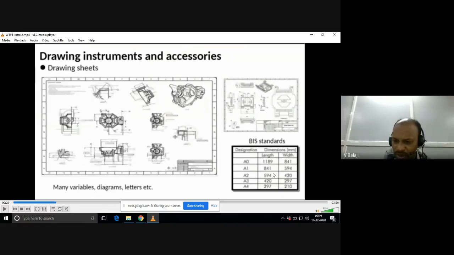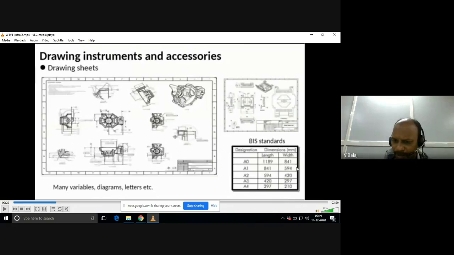This relation goes on. Okay. In general, we stop at A naught. A naught is the biggest size of any drawing sheet. In industry, you may find bigger than A naught size drawing sheets. But in general, A naught is the standard biggest drawing sheet.